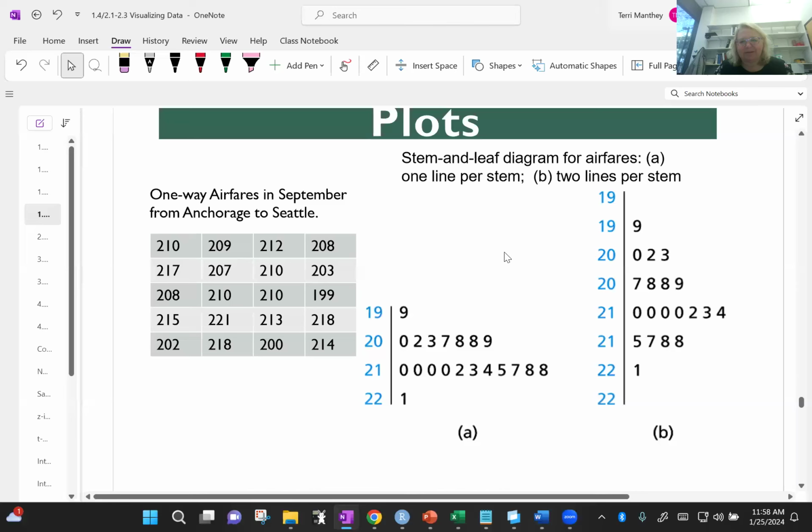This is also an example of one with 1 line per stem and 2 lines per stem. You can see when you have data like this that's kind of close together, you would only have 4 if you just did it this way. But if you did the 2 lines per stem, you'd have enough to see a shape in it.